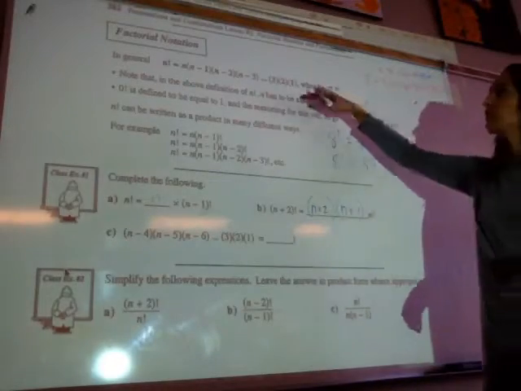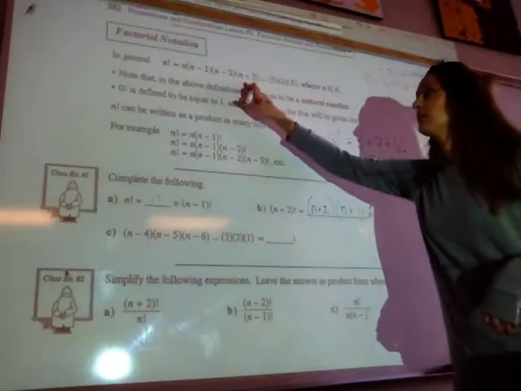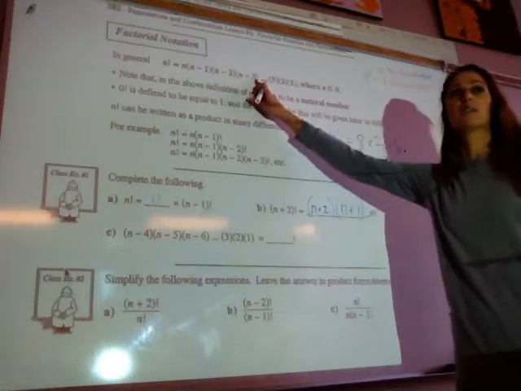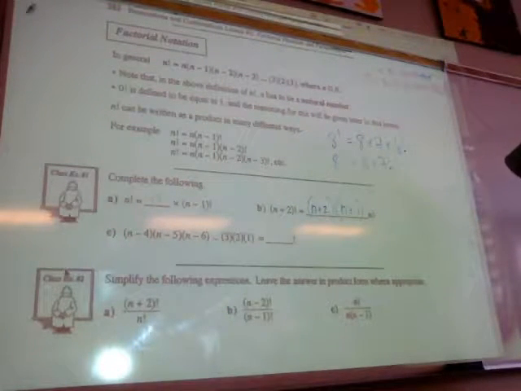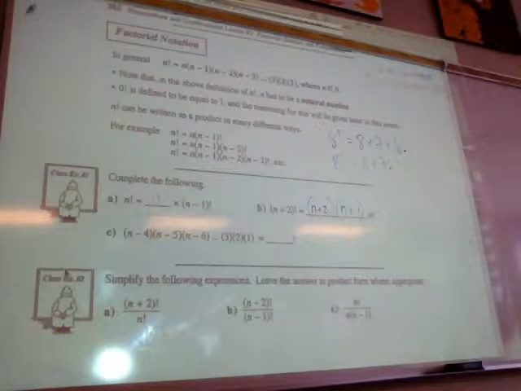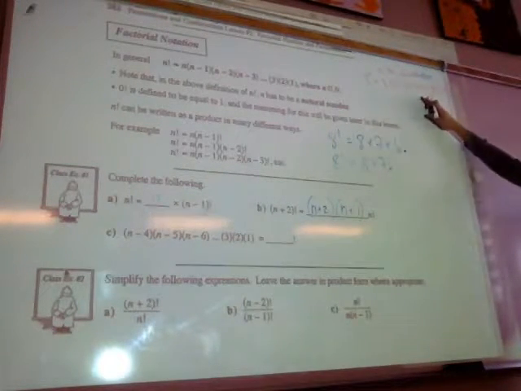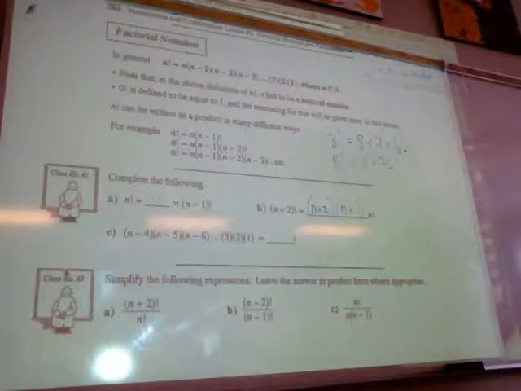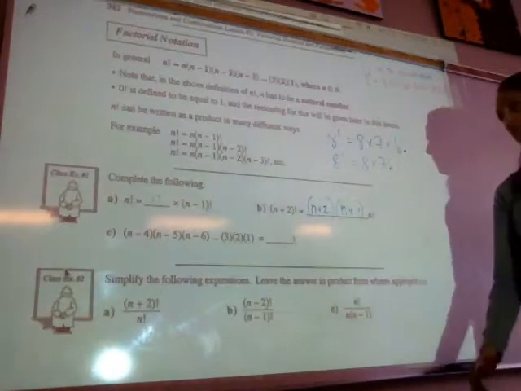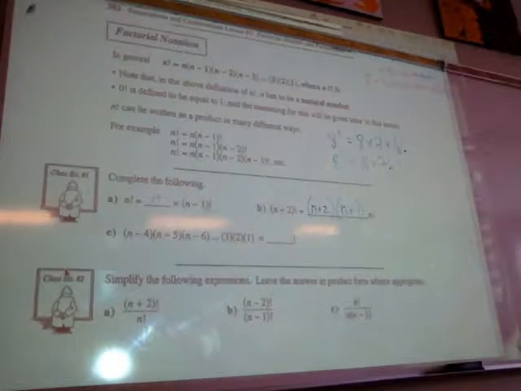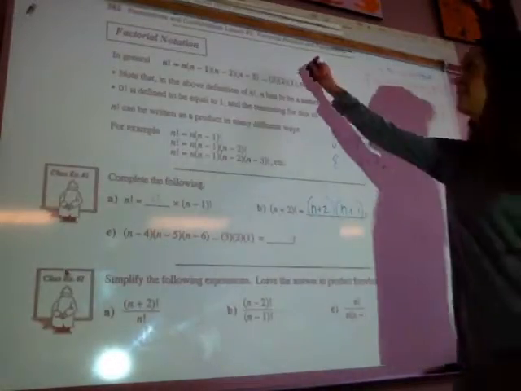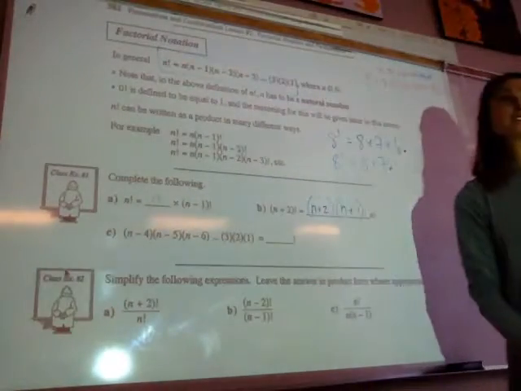They just haven't shown these in terms of the number you're starting with, but eventually you will always get to 1 at the end. Whatever number you've started at, it works its way down, multiplying each digit until you get to 1. Next one, we have n minus 4 times n minus 5 times n minus 6 all the way to 3, 2, 1. What does that equal? Right from the definition, n factorial.